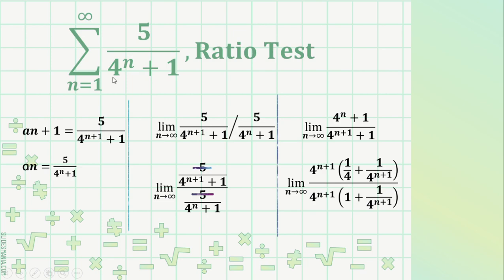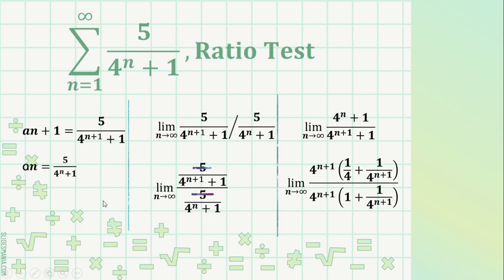An is the same form as this, but an plus 1 has 4 to the power n plus 1. So the difference is the denominator, 4 to the power n. The difference is right here. And then we divide an plus 1 by an. So the 5 is gone.